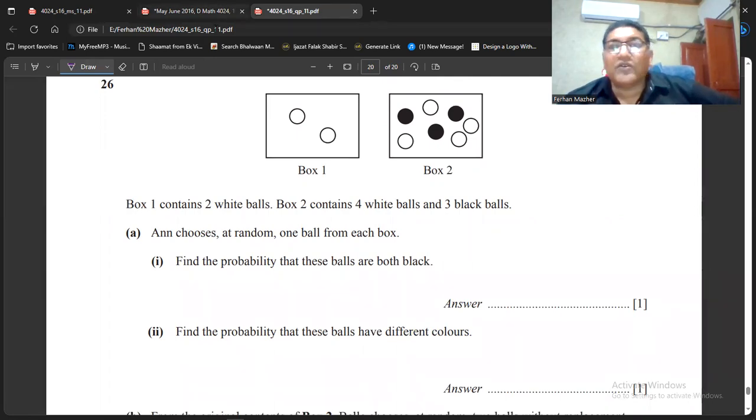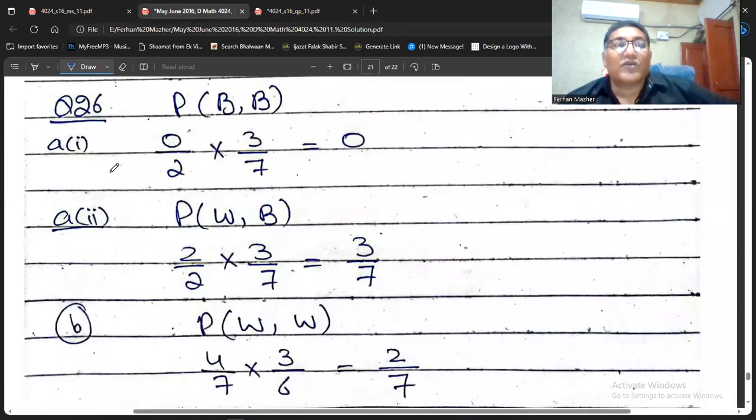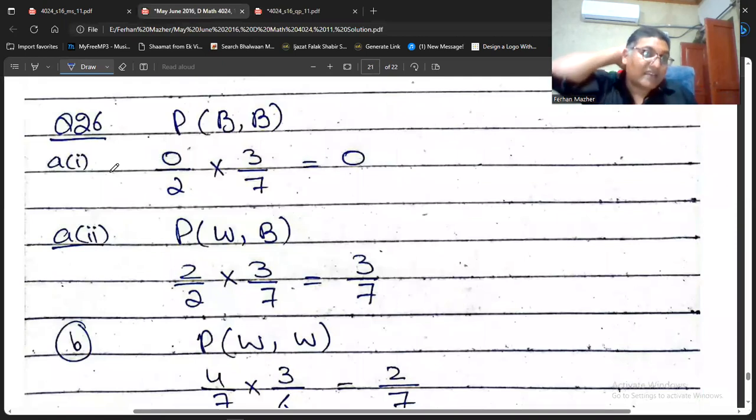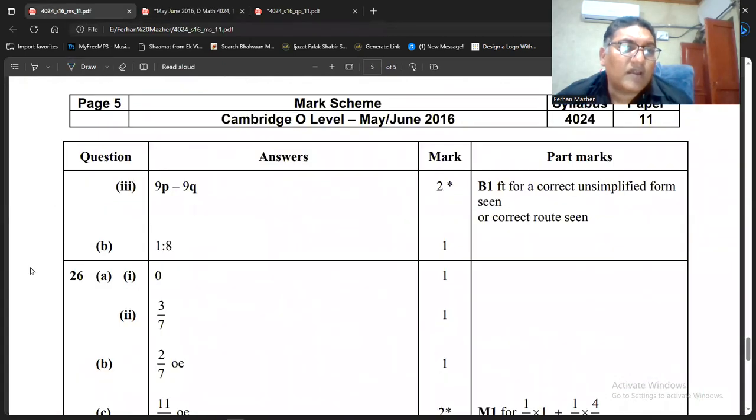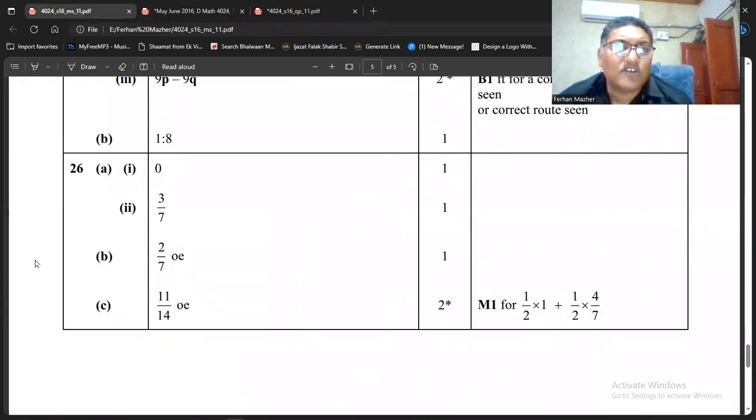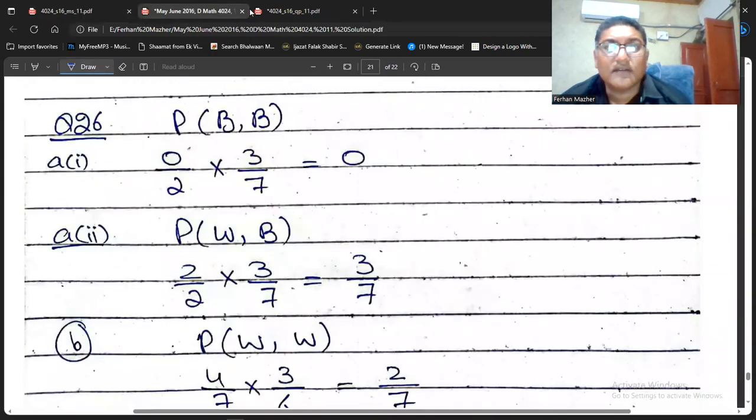When you multiply them, you get 0. So the probability of getting black from the first box is 0 by 2, multiplied by 3 by 7, and that will be 0. So getting 2 black balls is 0. Yes, that answer is right.